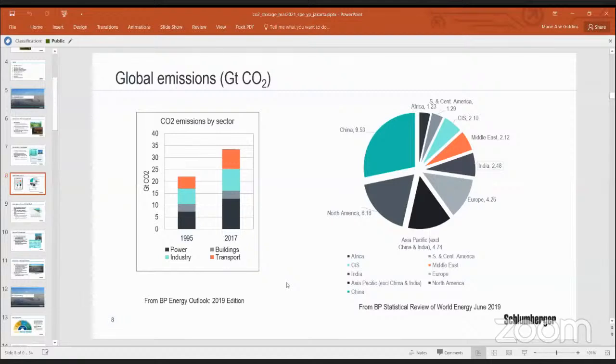By far the biggest emissions in 2017 were from power, but there's also been an increasing impact of industrial emissions and emissions due to transport. We can also look at where the emissions are coming from in the world. Clearly the nations who are developed and working in industrial economies are producing much bigger emissions than the rest of the world.